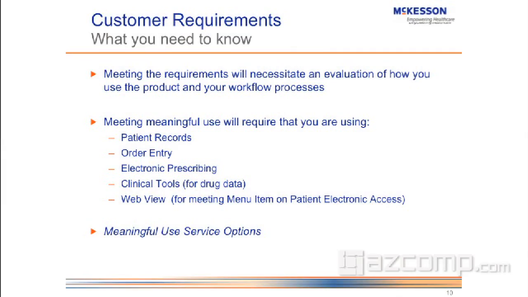So here are some of the customer requirements. There are going to be some workflows that we're going to be talking about today that you're going to have to meet in order to meet meaningful use. The other things you're going to be required to have is a patient record system, of course. Order entry is going to be a required item. So if you don't have that, that might be one of the items that you want to go through now.